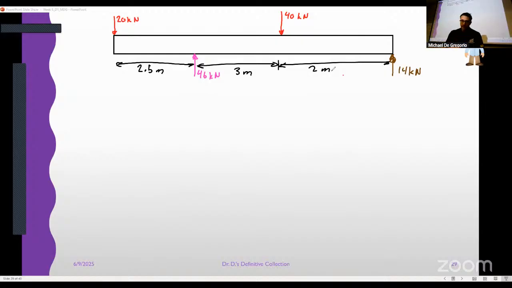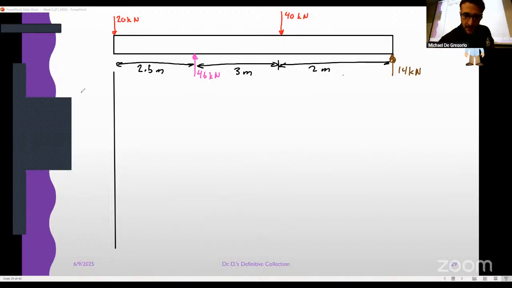The next thing that I like to do when I'm drawing these is I will just make a line straight down the page to signify the start of my shear and bending moment diagram. Because what we are trying to do, again, is map this, and we're going to start with the shear.